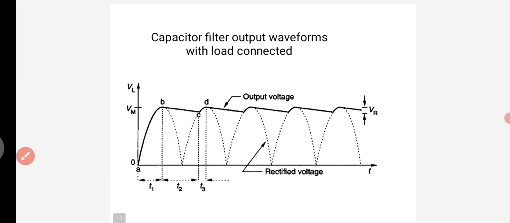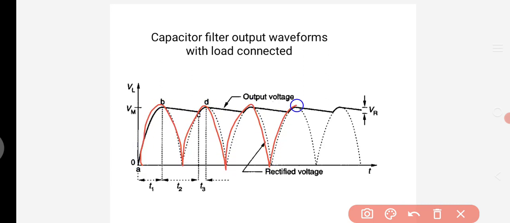Now the output waveforms of this capacitor filter with load connected almost smoothen the rectifier output. In case of the rectifier circuit you can get the output mostly like this. This is our rectifier output. This output will be given as input to the filter circuit. Then we can get the output as V2C, C2D and so on.